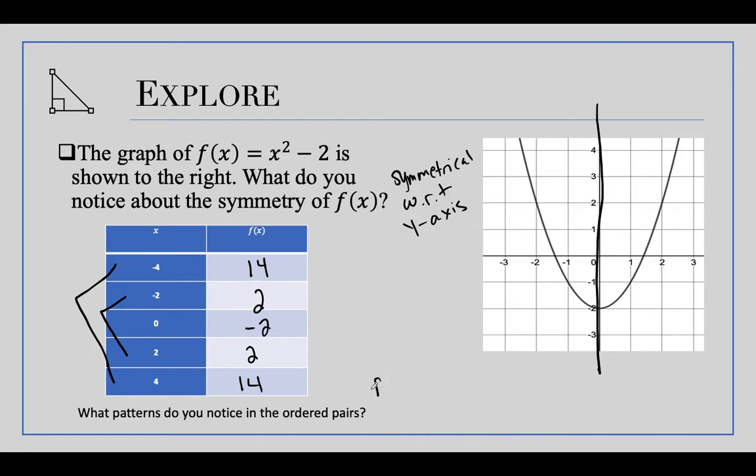So what we notice is that the opposite x values produce the same y values. Excellent.